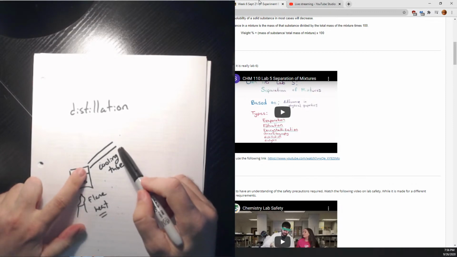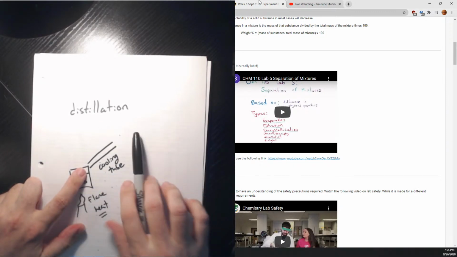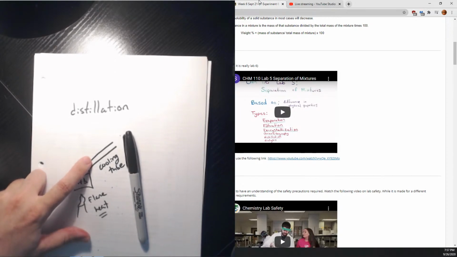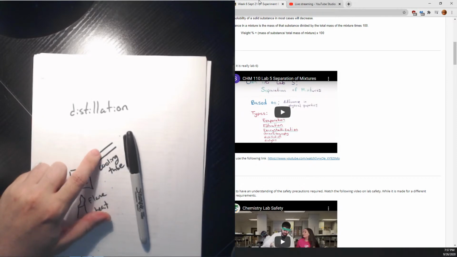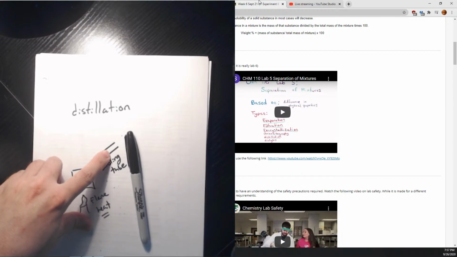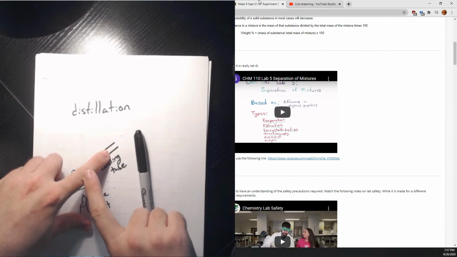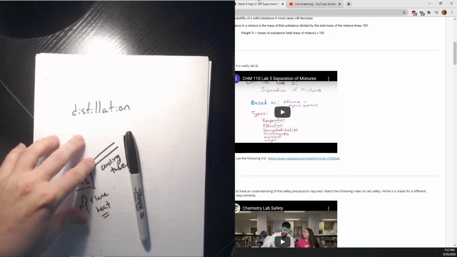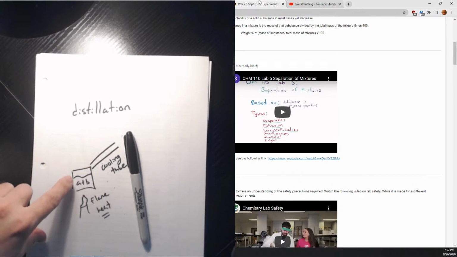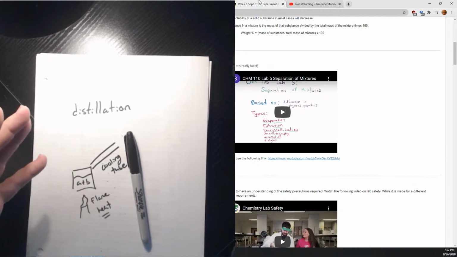In the simplest form, this is just going to be a long coil of tubing so that your gas will be cooled down by the air around it. But you can make it more complicated. You could have basically a nested tube where you have the gas traveling one way and you have cold water traveling the other way to enhance the cooling. The reason you want to do that is first, when you heat up a liquid, you're going to get evaporation even before it boils.